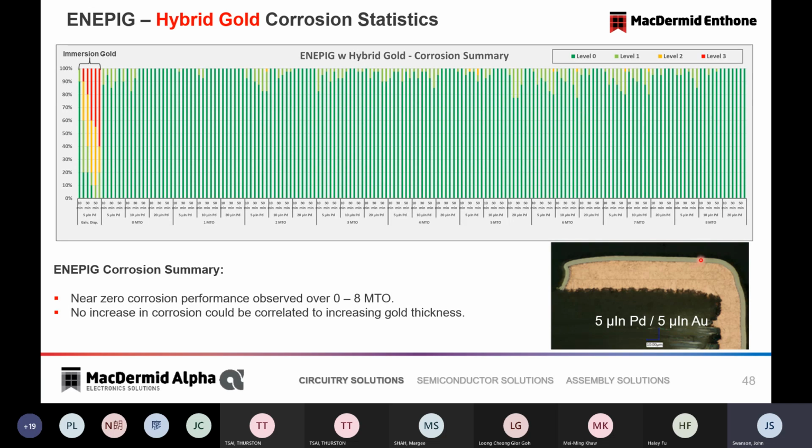You can see a much better photograph here, really close to zero on corrosion. And that is because the reaction is mostly electroless. It's a mild, modest, low electroless reaction with a little bit of immersion. And that's what the reduction-assisted hybrid system represents.